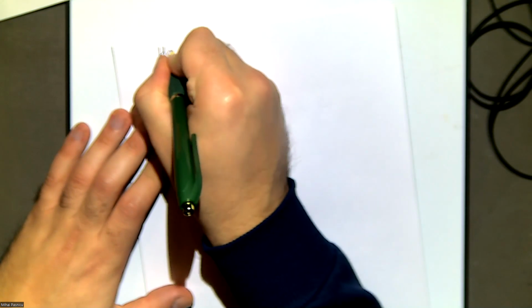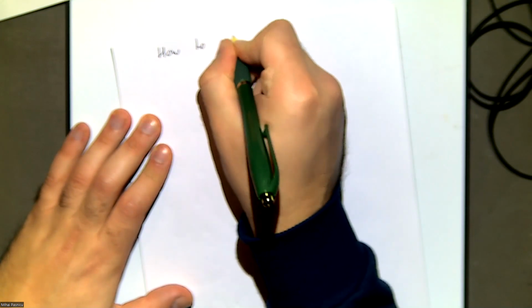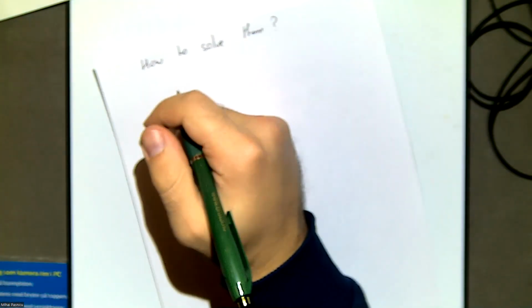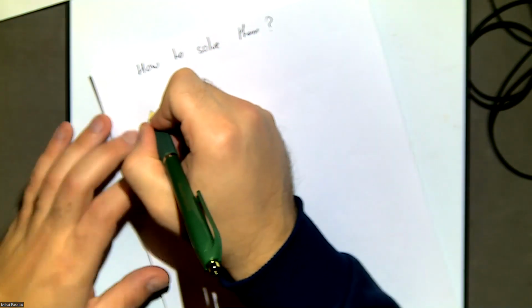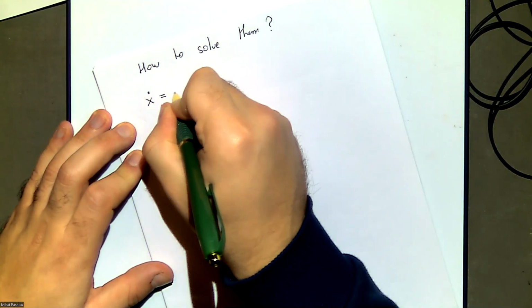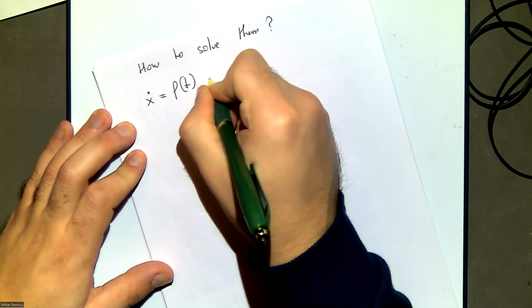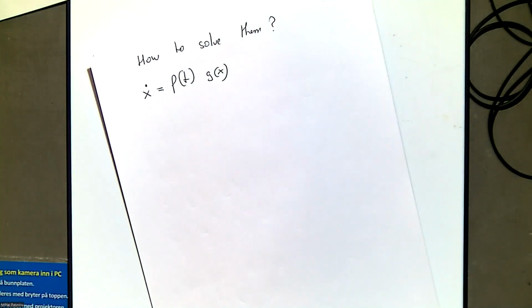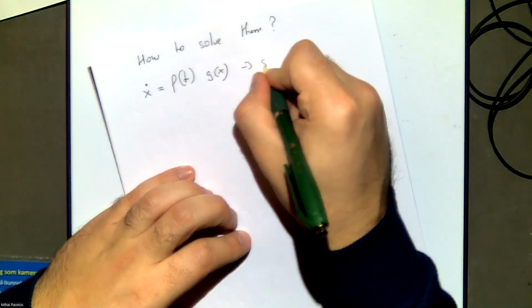Let me write it as a title, actually. How to solve them. So the method is quite related to the name, right? They're separable equations. So my first idea was just separate them.